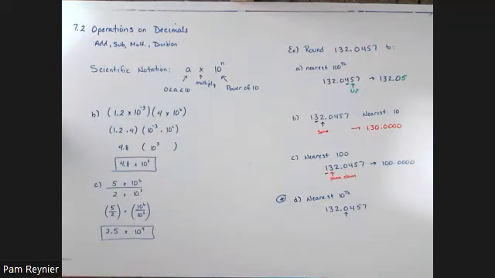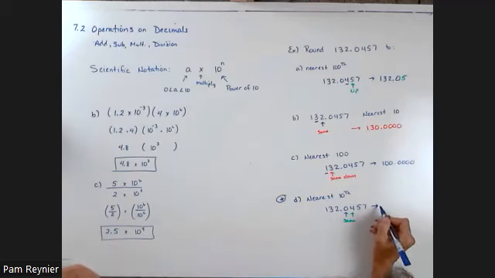Okay. So we have to look at our next column. If I look at my next column, do I have enough to rebundle and carry it over into our 10th column? The answer is no, because I only have 4 of them. So this is going to stay the same. It's not going to round up.